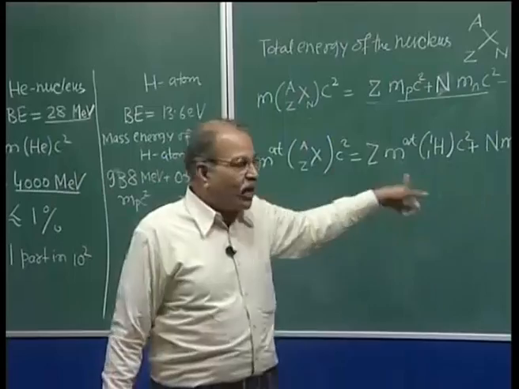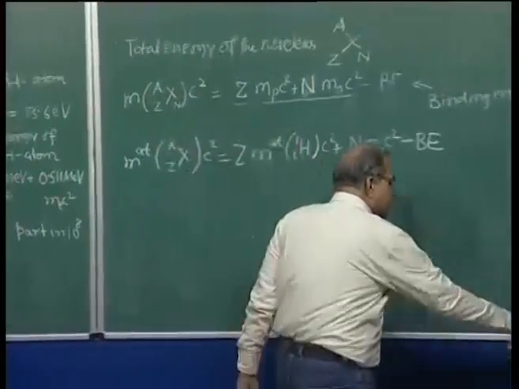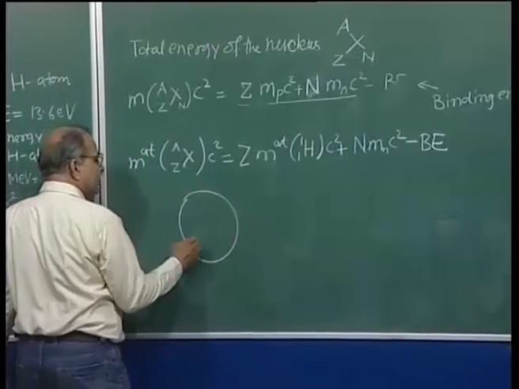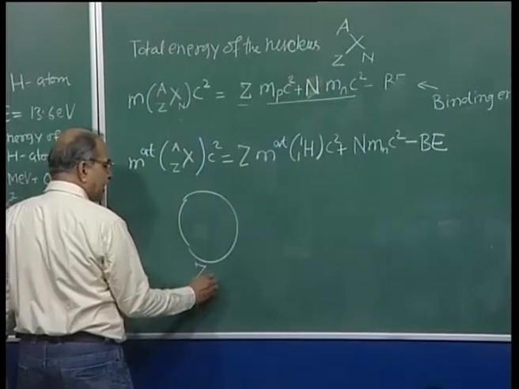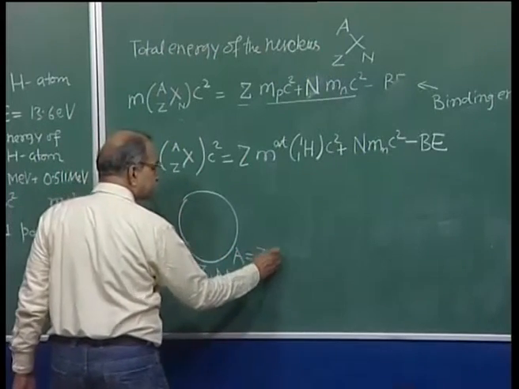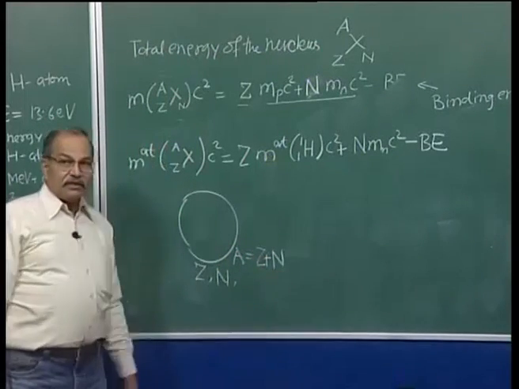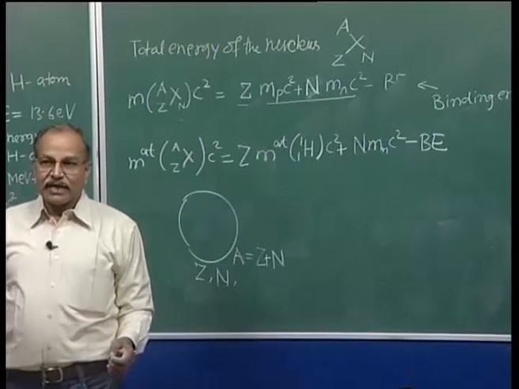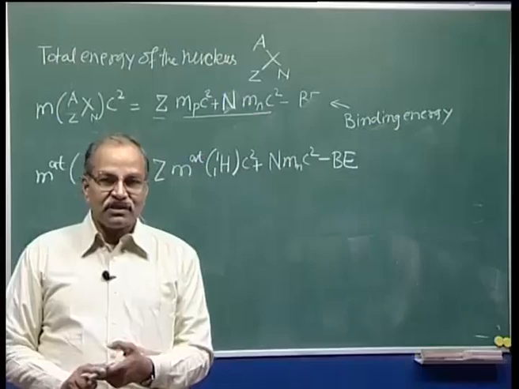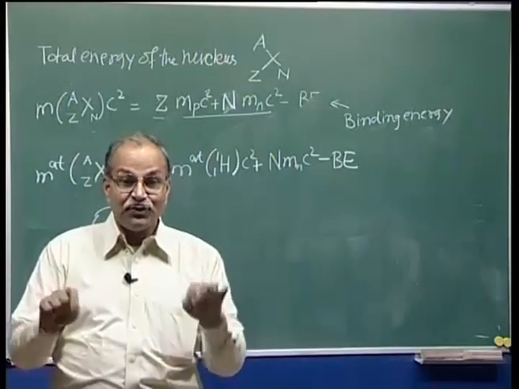Now, how many pairs are there? Suppose you have a nucleus with Z protons and N neutrons, and the total number is Z plus N. The nuclear attractive force acts between two protons, between two neutrons, and between a proton and a neutron, whatever nucleon is there.